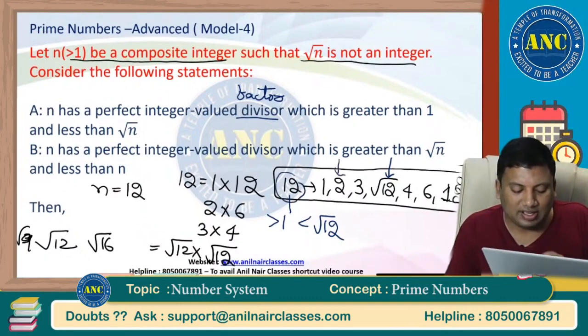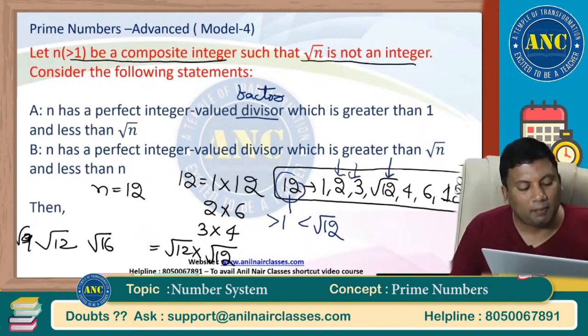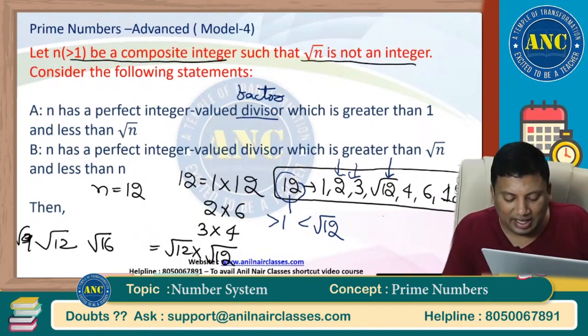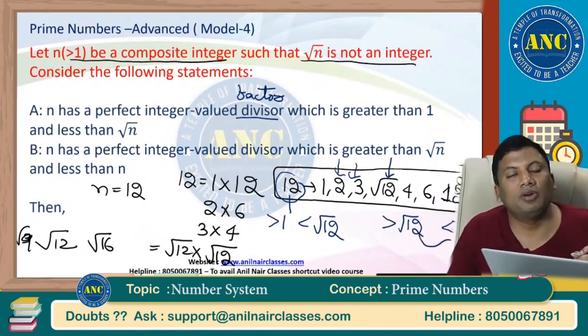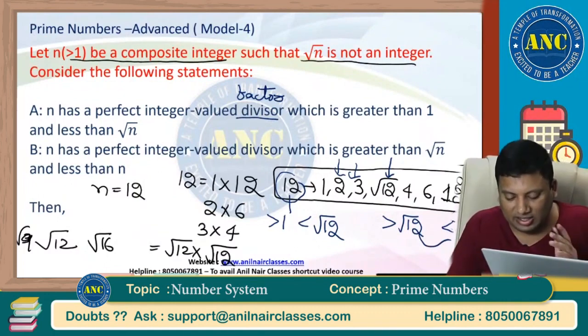Yes, 2 is a factor of 12, 3 is a factor of 12. That means take all the integers greater than 1 and less than root 12; in between you will find some numbers which will divide 12. That is what it is saying.